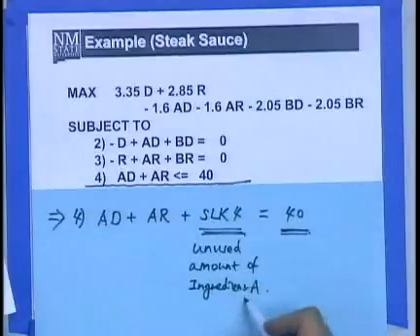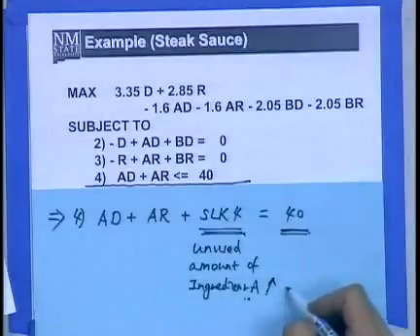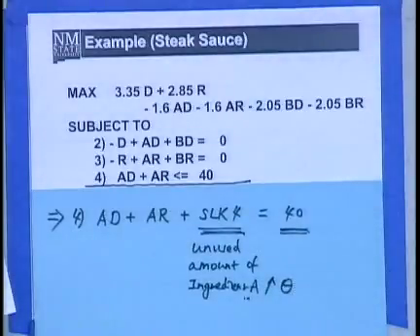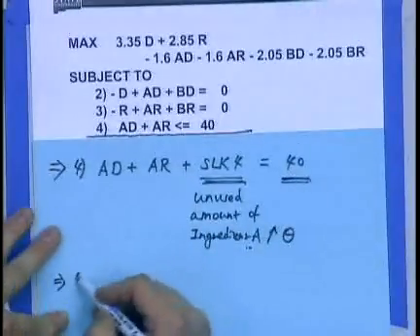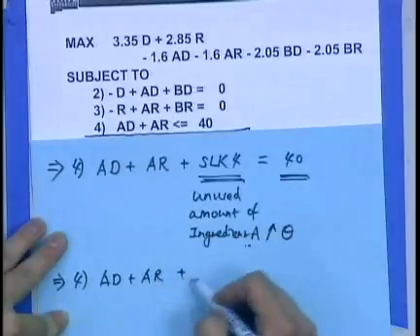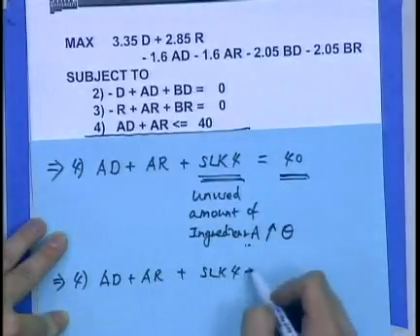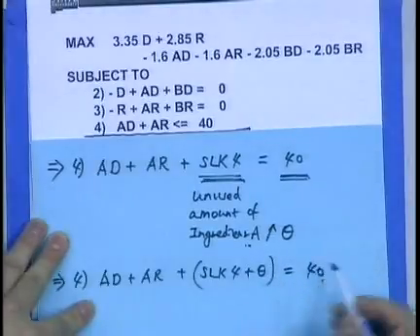If slack 4 were increased by theta, for example, this equation becomes AD plus AR plus slack 4 plus theta equals 40. Is that right?